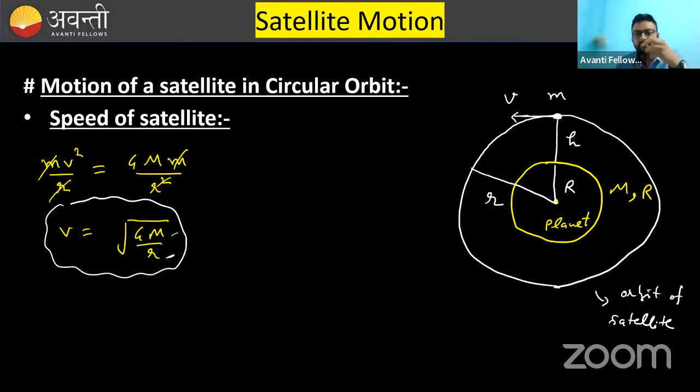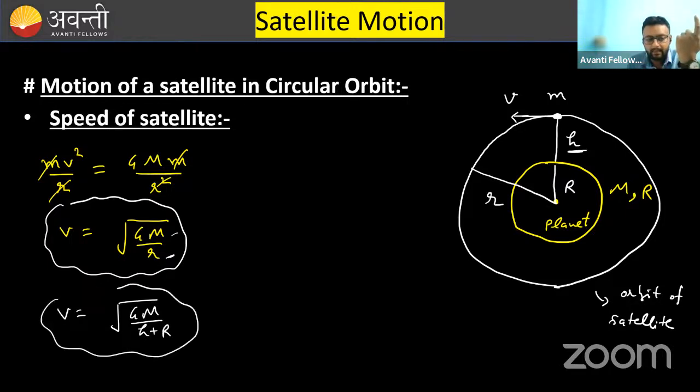In some cases, the height of the satellite from the surface is given, that means h is given, then you can write the formula as v equals under root GM, and this small r can be replaced by h plus R. You can use any one of the formulas. If the radius of the orbit is given, then there is no need to add h.